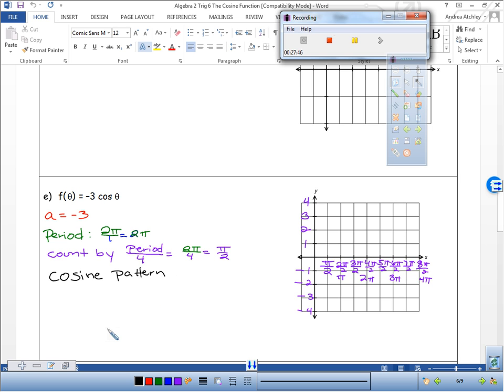Okay, let's do our pattern of cosine. So instead of plugging in all those numbers like we did in example D, we're going to memorize a pattern. And hopefully you can memorize it because it's much easier than plugging all those numbers in. So cosine is going to start at 0 and the amplitude, or the A value. So in this case, it starts at 0 for x and -3 for y.